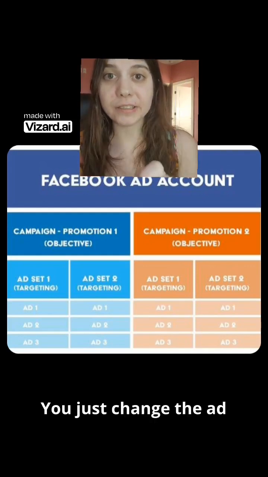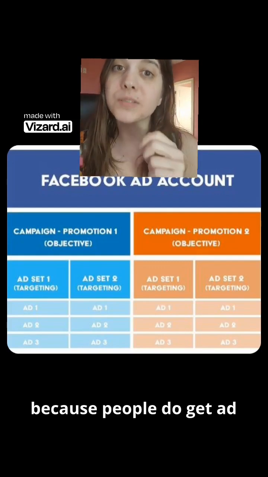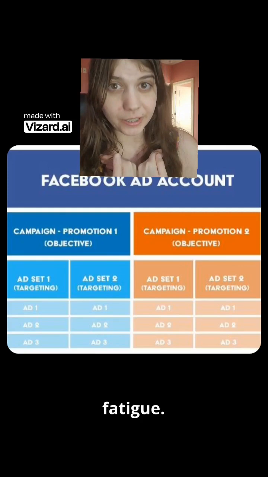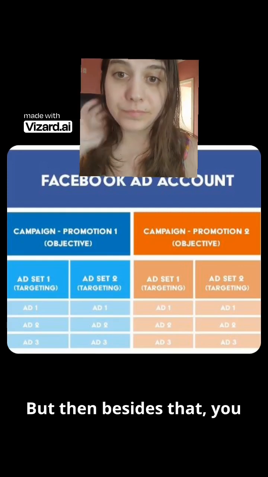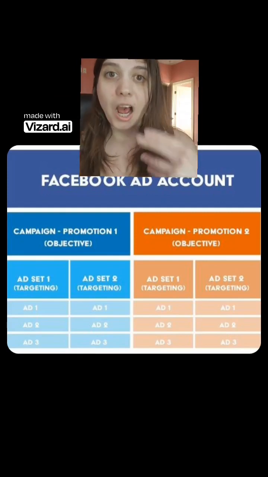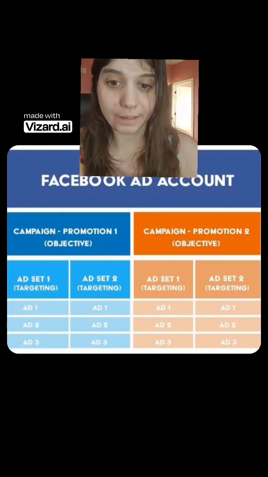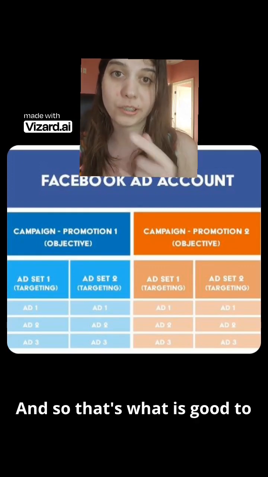You just change the ad creative every now and then because people do get ad fatigue. But then besides that, you have campaigns like holidays, events, the temporary stuff. And so that's what is good to do.